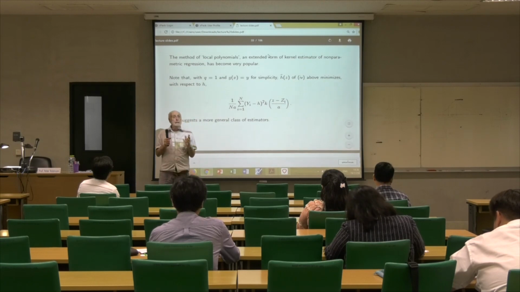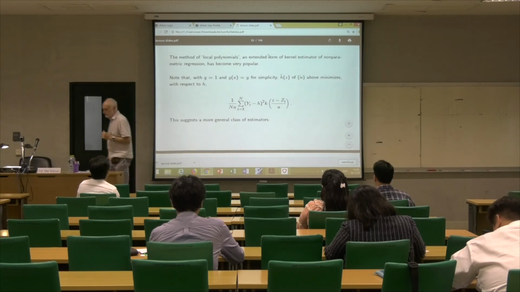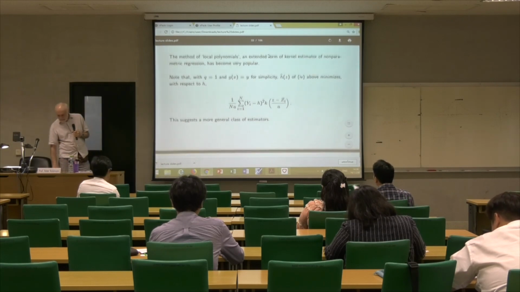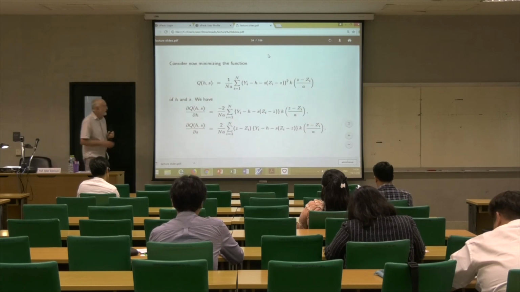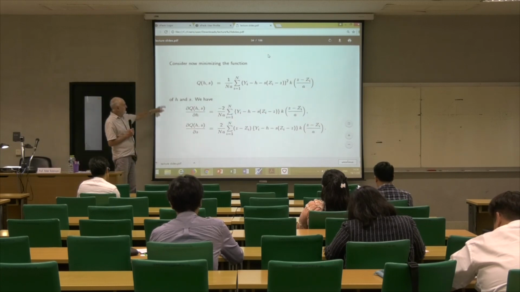It could be approximately linear, all right? So that's allowing a bit more generality. So it makes some sense. You think, well, maybe there's some advantage in that. So we minimize this quantity over both H and S.